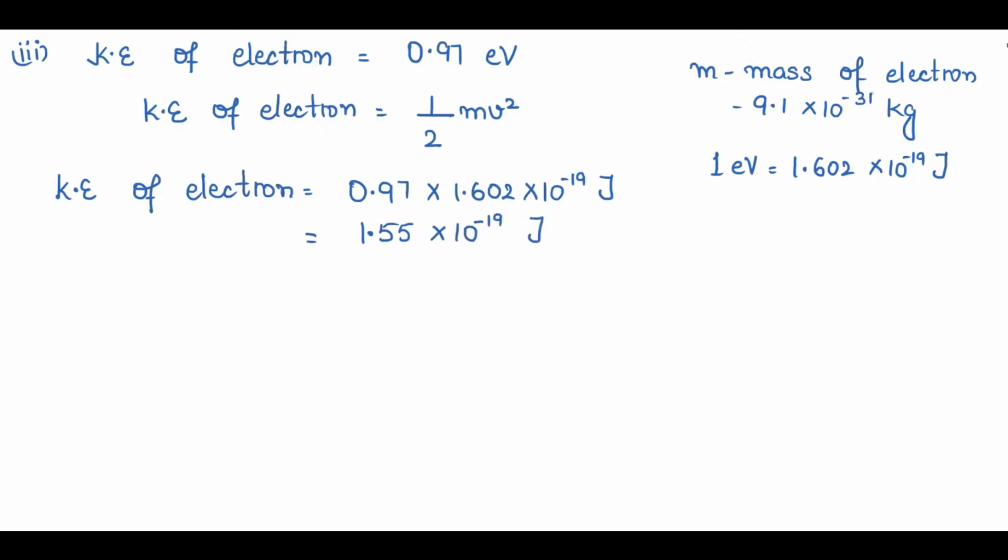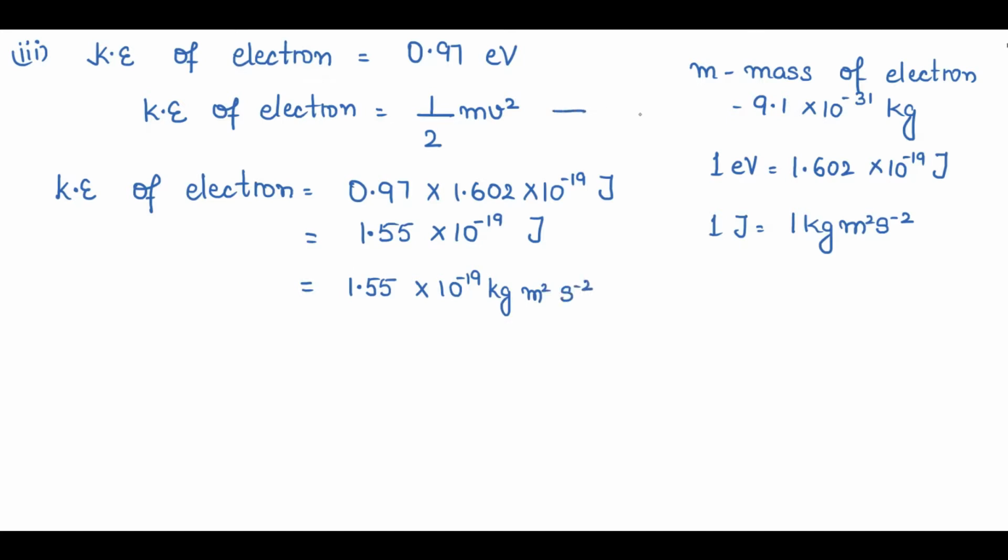Here we have the mass of the electron in kg, so definitely I have to cancel these units so that I get the unit of velocity only. So I know that 1 joule equals 1 kg meter square second inverse square, right? Kinetic energy of the electron in terms of kg is 1.55 into 10 raised to power minus 19 kg meter square second inverse square.